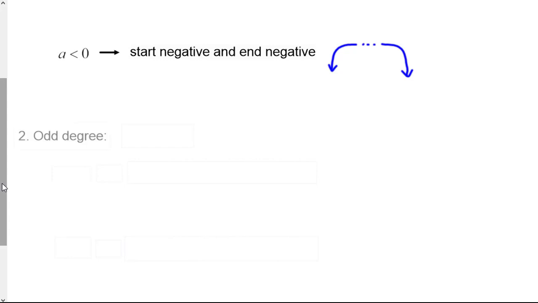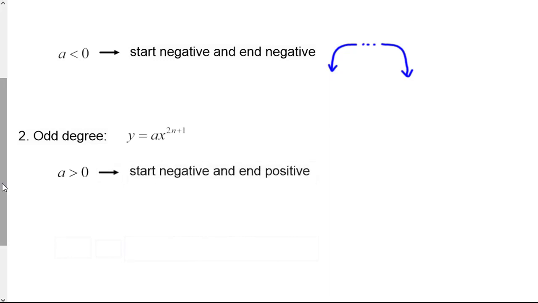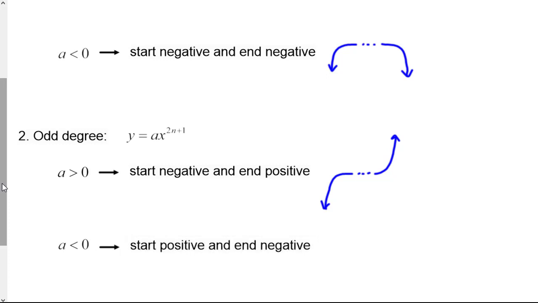All right, if it's an odd degree polynomial and a is greater than 0, the graph will start negative and end positive. So just think of your basic cubic polynomial, y equals x cubed. If the leading term coefficient is less than 0, it just flips. So you start from the positive direction and end in the negative direction. So that's your end behavior.